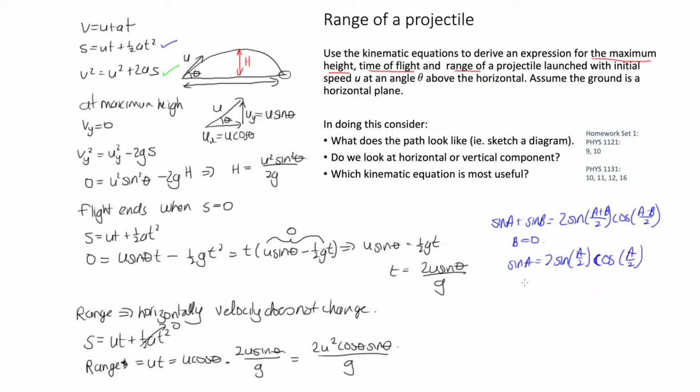Now, this might look a bit familiar with this one here. If we let A on 2 equal theta, then you can see we've got 2 sine theta cos theta. So we can use that to rewrite this as u squared times sine A, and A is equal to 2 theta, so times sine of 2 theta on g. So this is another way of writing the range equation.